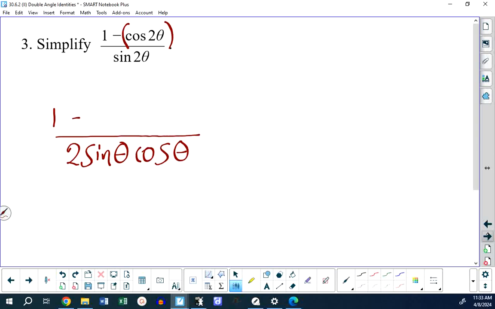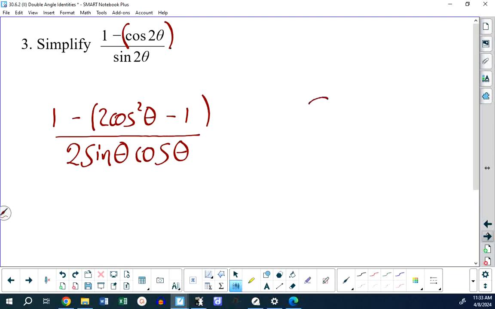And maybe just lay your pencil down for a second. I hope you see that this is not a wise decision, because if I expand this out, I will get 2 plus 2 cos squared theta on the top. And you may go, well, why is that not a wise decision?